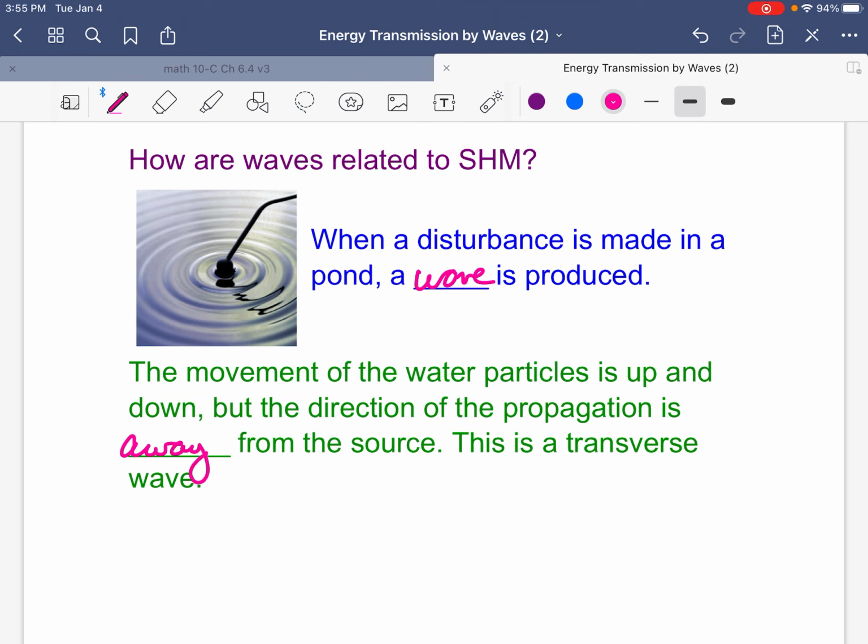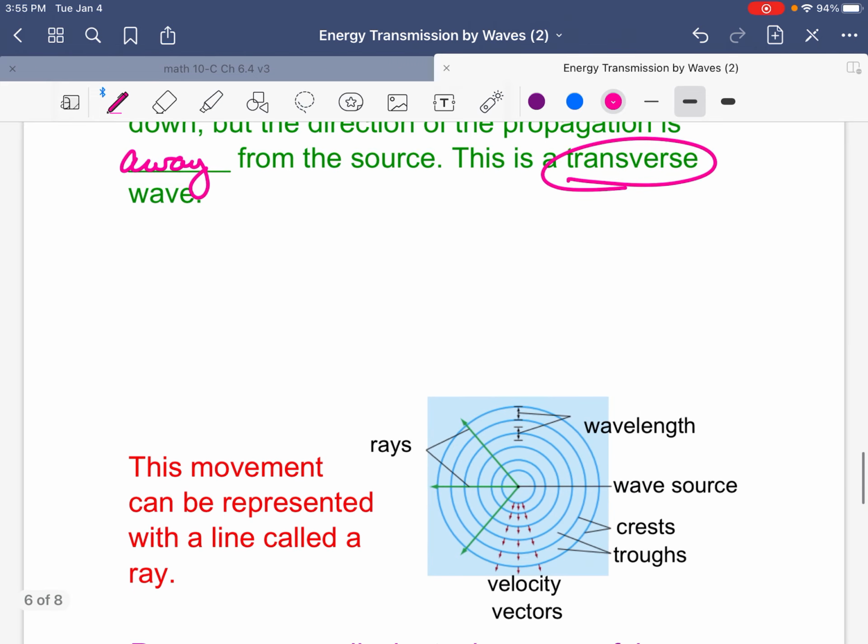Now if you look at the picture above, we have a little instrument that's making repeated waves, or technically transverse waves, because here you realize the particle is moving up and down as the wave moves away, to the right or to the left. Right? That's important. This is a transverse wave.